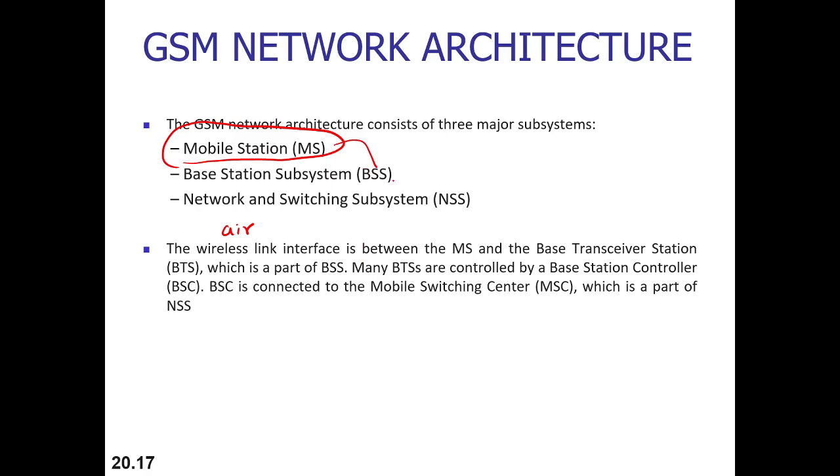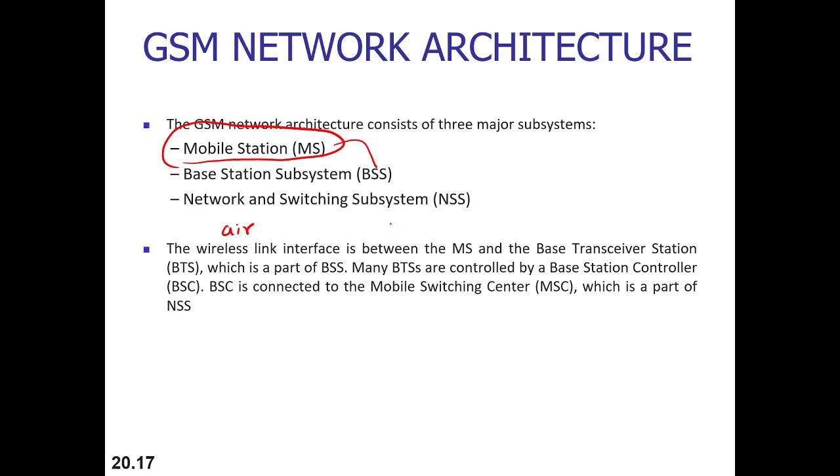In the base station subsystem there is your base transceiver station, your base towers, the BTS. So the air interface is between the mobile station and the BTS, which is part of the BSS. It's called a wireless link interface.